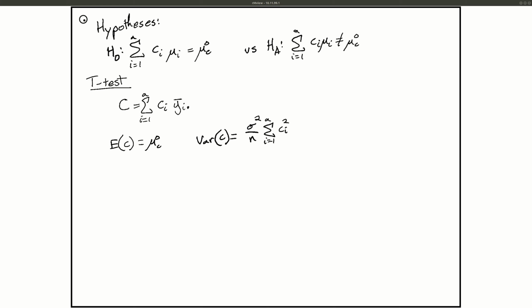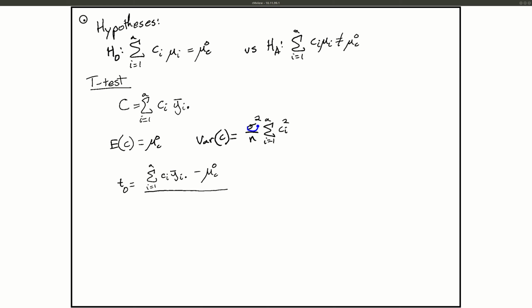So we can construct our t statistic, t naught, which is equal to our C here, our estimate for the contrast, which I will write out as the sum from i equals 1 to a of c sub i times y sub i dot bar, the sample means, minus mu sub c naught, again just our hypothesized value for what the contrast is. Then we divide this by our standard error of C. The standard error, remember, is the square root of our estimate of the variance.